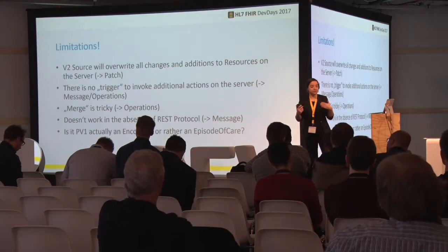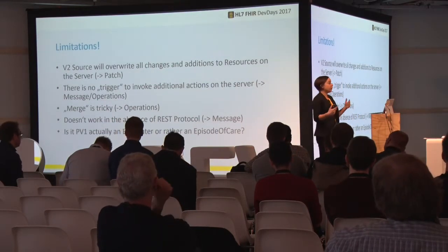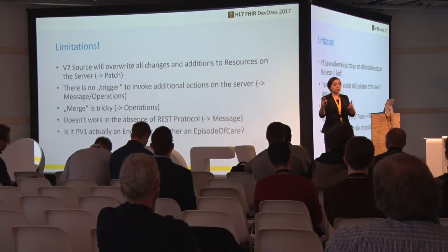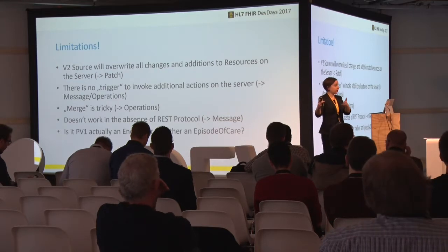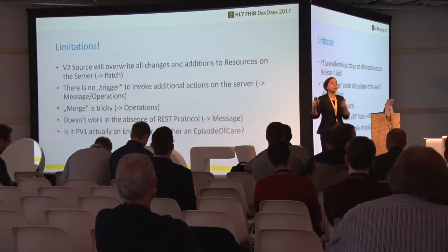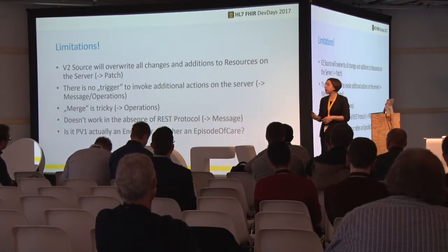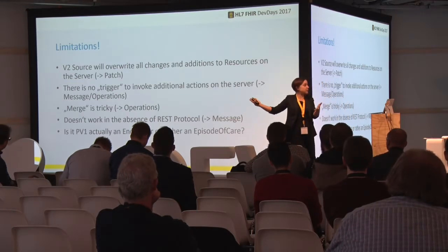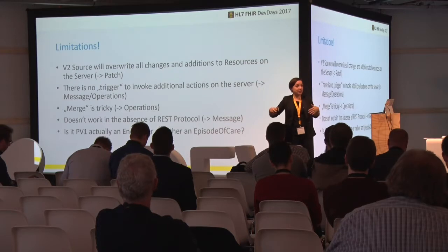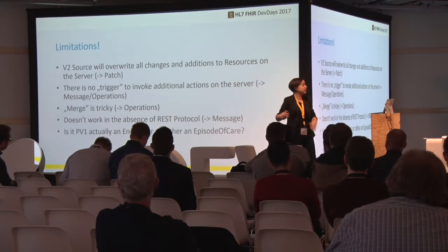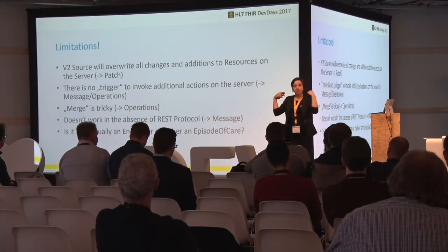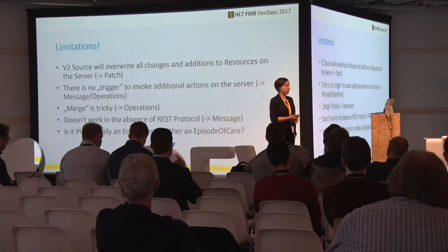About the limitations. You have to remember that every time we process a new version 2 message coming in, even if this resource already exists and we do an update, we always replace the whole resource. So whenever one of these mobile apps floating out there and consuming these patient demographics adds anything to the patient resource or changes anything about it, every new V2 update would again just replace all the data that already exists on that server.